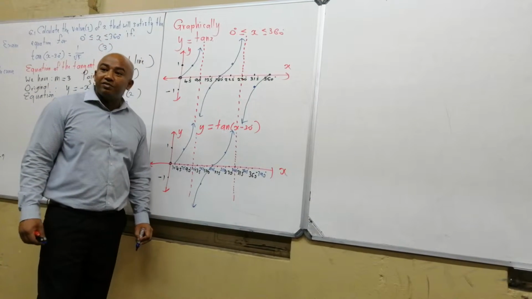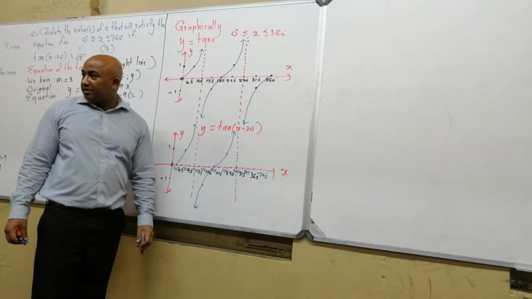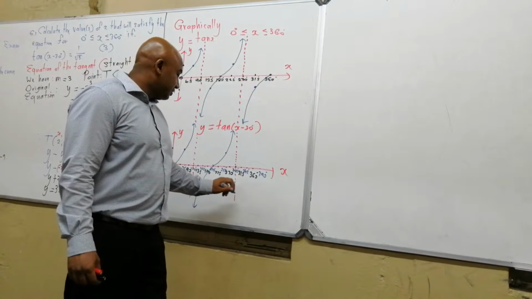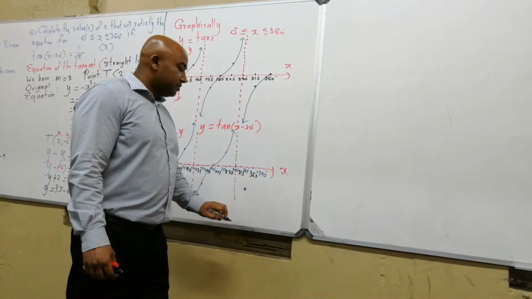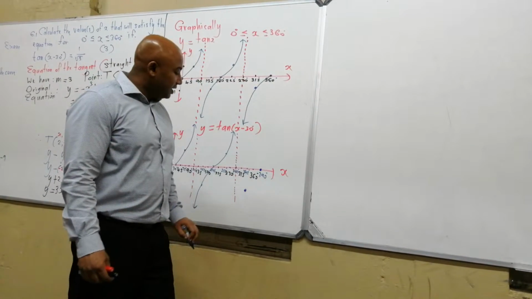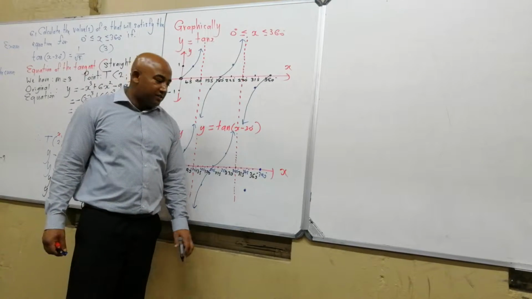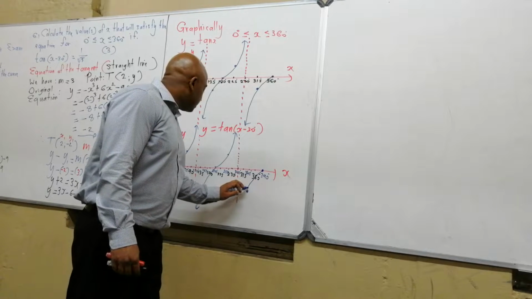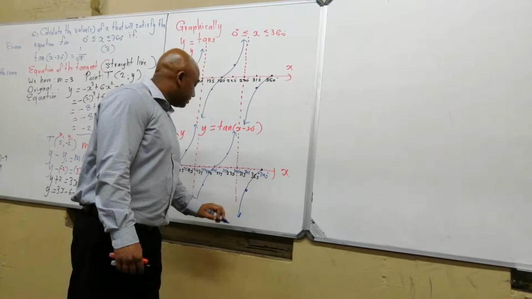You must get positive 1. Are you getting it? Alright, and at 345, what are you getting at 345? You must get negative 1. At 390, what are you getting? 0. Although we're not supposed to be sketching up to 390, but I'm just showing you the phase shift there.